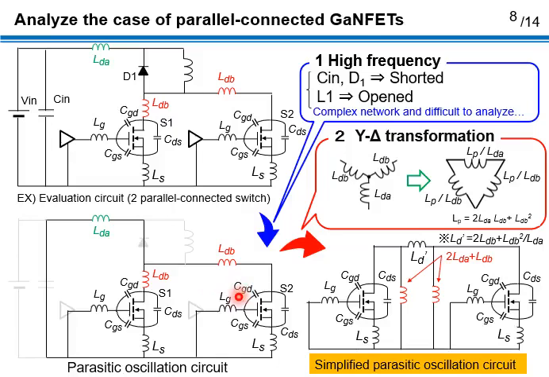The converted circuit forms a complex network of parasitic elements, and analysis of this circuit is difficult. Here, to simplify this circuit, we apply the star-delta transformation to the parasitic inductance network of LDA and LDB. As a result, we can get a simplified equivalent circuit like this.